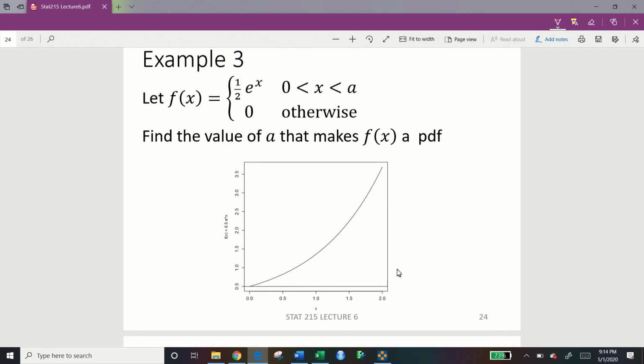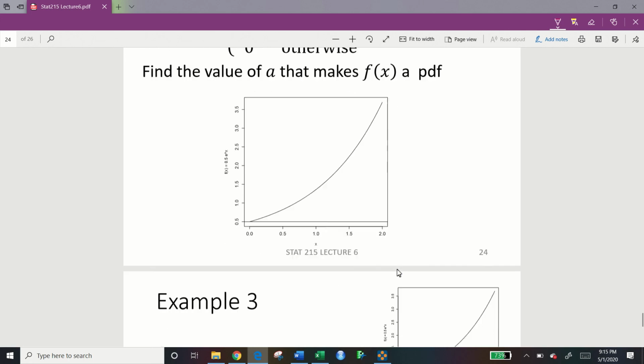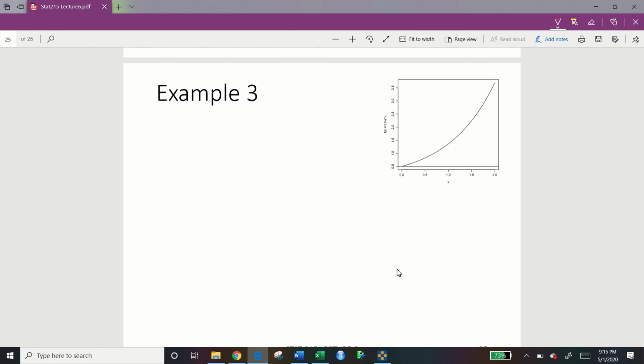Example 3. We are going to let f of x equal 1/2 e to the x for 0 less than x less than a, 0 otherwise. We want to find the value of a that makes f of x a PDF. Notice the graph of our function. Okay, so let's think about this for a second.